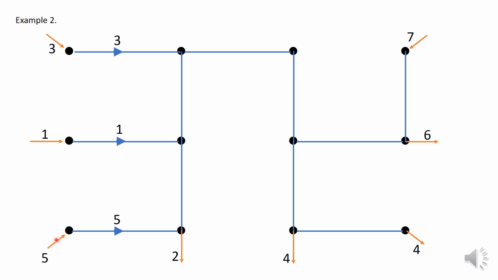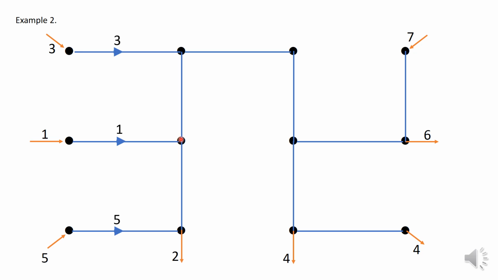Look at this node, 5 units entering, so 5 units must be flowing along this branch. Let's look at this node. For equilibrium, if 5 is entering, you must have a total of 5 leaving. So if 2 is exiting, the remaining 3 must flow along this branch.